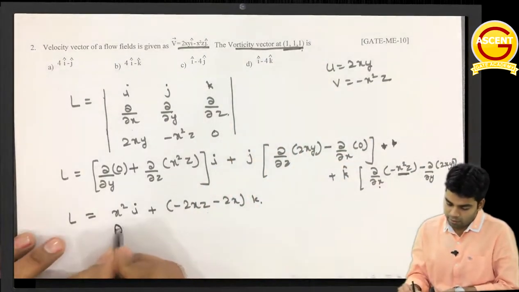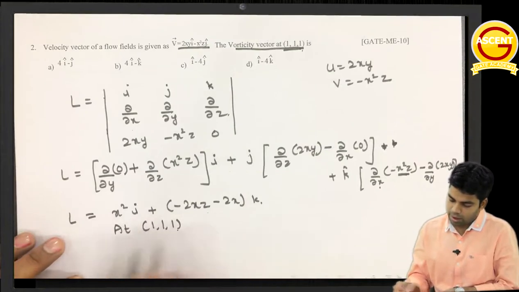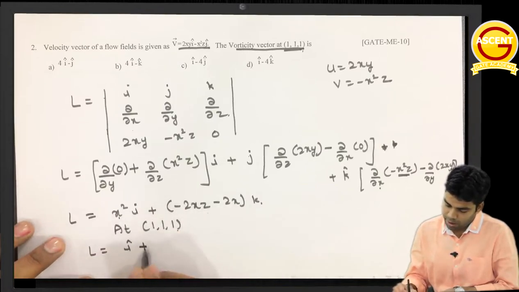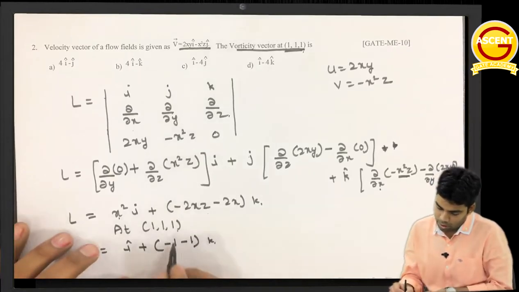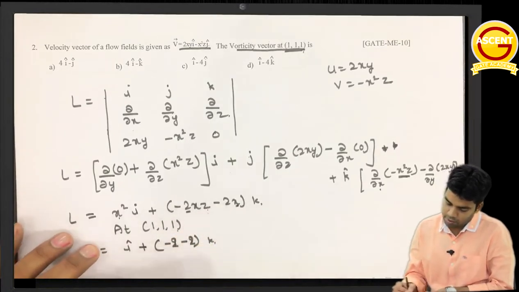So at 1 1 1, x is equal to 1 and z is also equal to 1. This vorticity vector will be equal to i cap, x square is 1, plus the k term: minus 2xz is minus 2, and minus 2x with x being 1 is also minus 2.